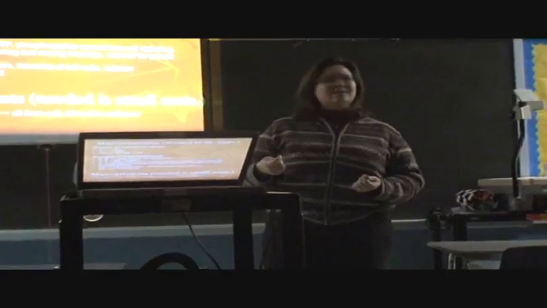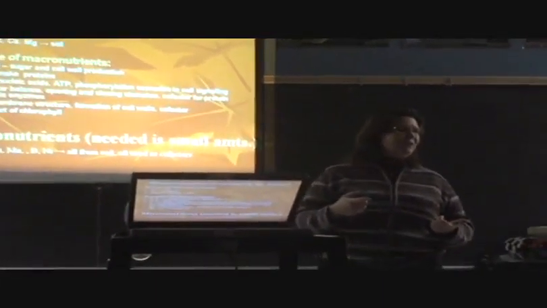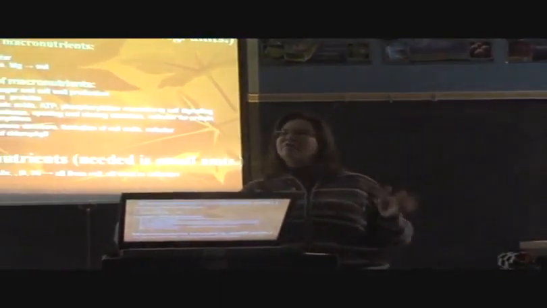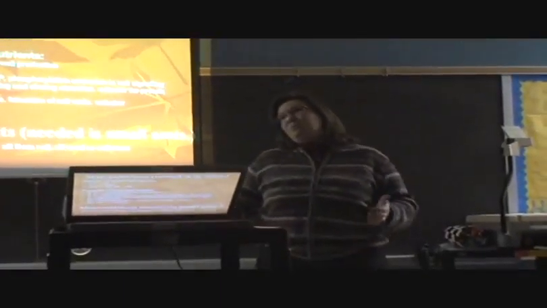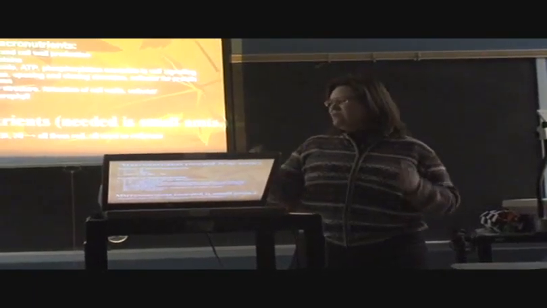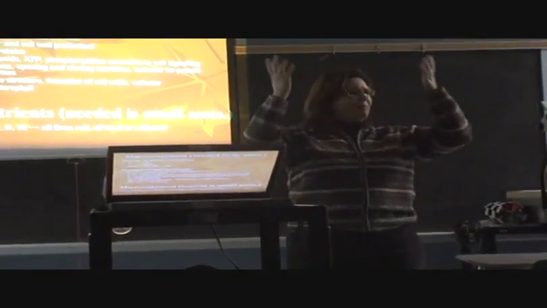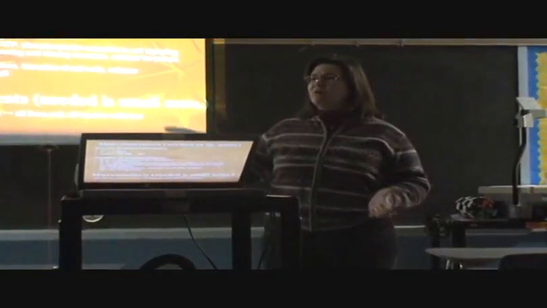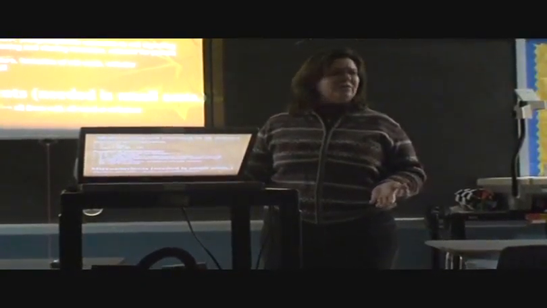Then what happens is, you remember on the previous slide, it said that 90% of the water is recycled through the trees. So if you don't have trees, when it rains, instead of being soaked up by the trees and evaporating back up and raining again, the water runs off because there's nothing to suck it up.